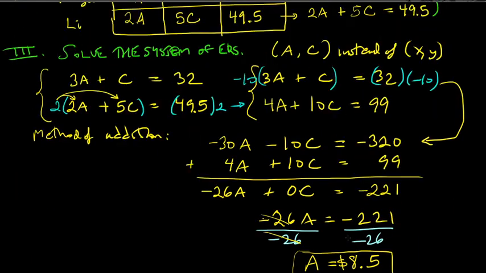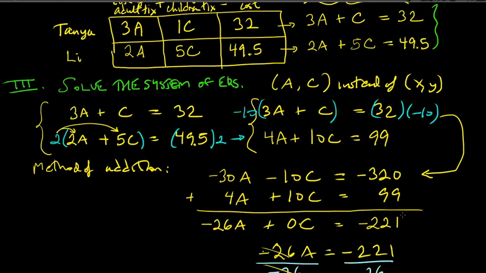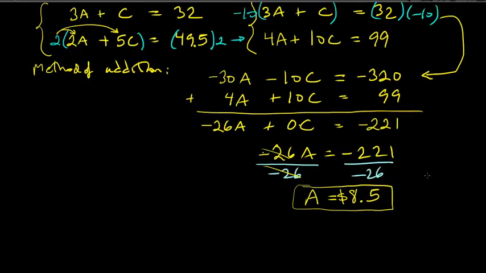But now that we know A, we take any equation here and we can solve for C. I'm going to take the first equation, this one up here, right? 3 times A plus C equals 32. Let me just copy that down here. And now we know what A is, so replace A with 8.5.